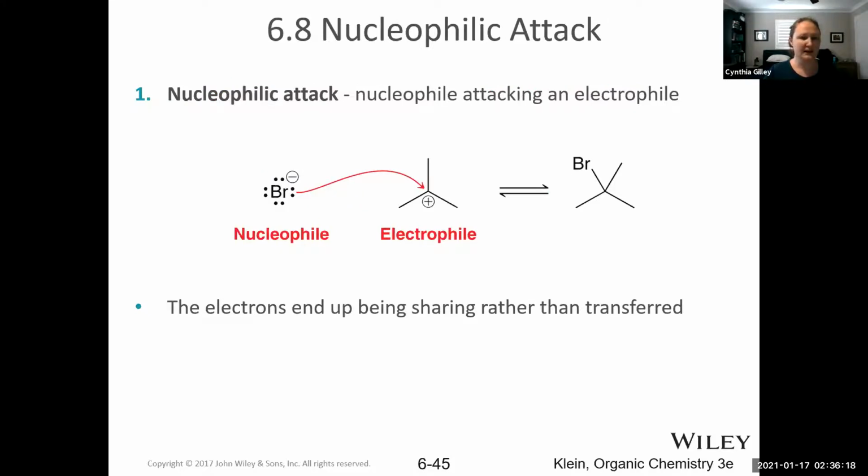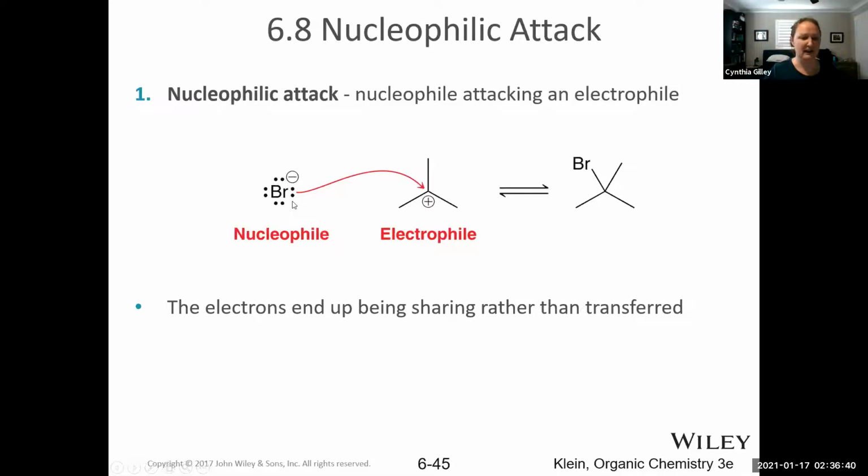So a nucleophilic attack is when a nucleophile, or electron-rich species, attacks. Basically it means it's forming a bond with an electrophile, or sharing an electron pair with an electrophile. So we start our arrow on a lone pair or a source of electrons on the nucleophile.